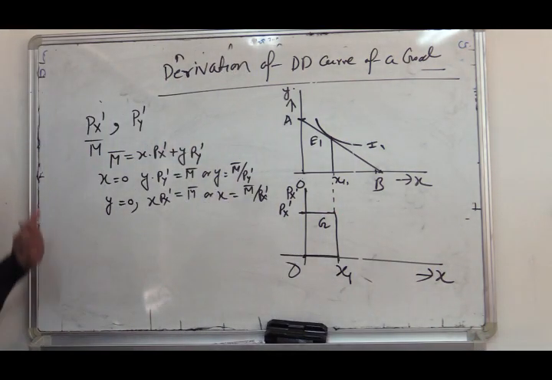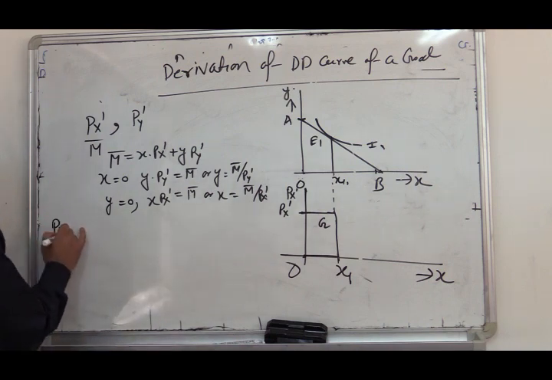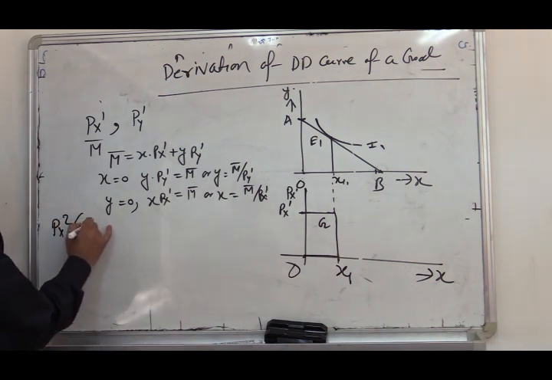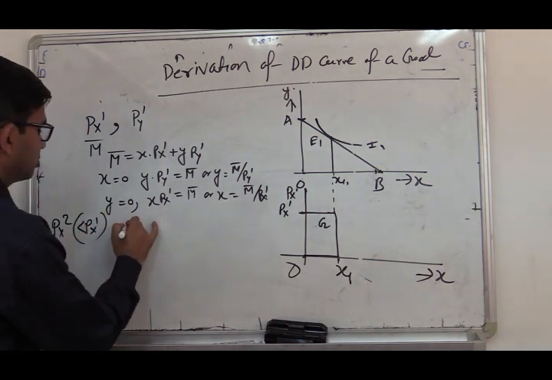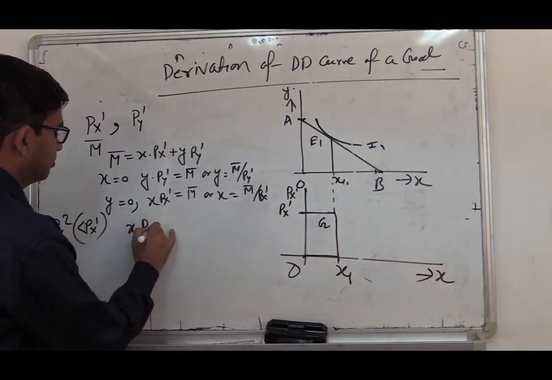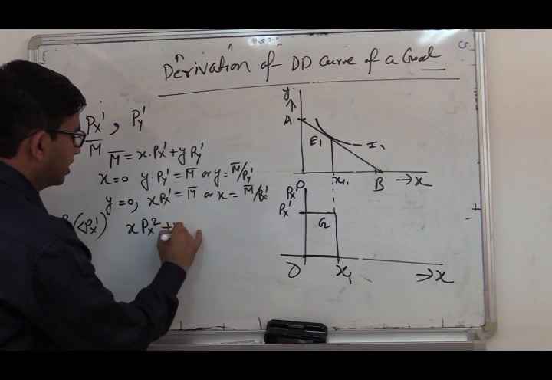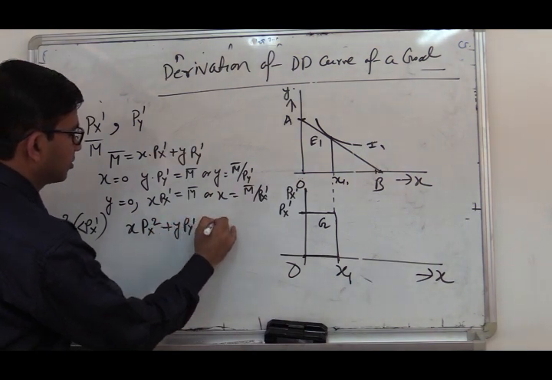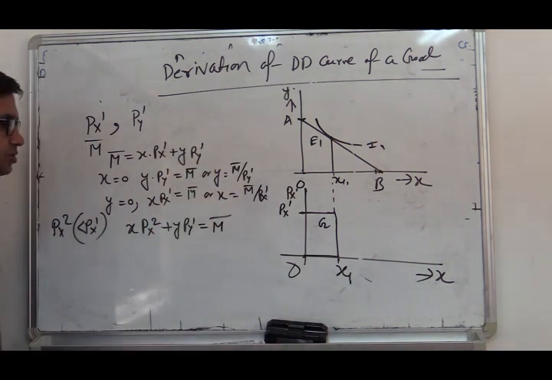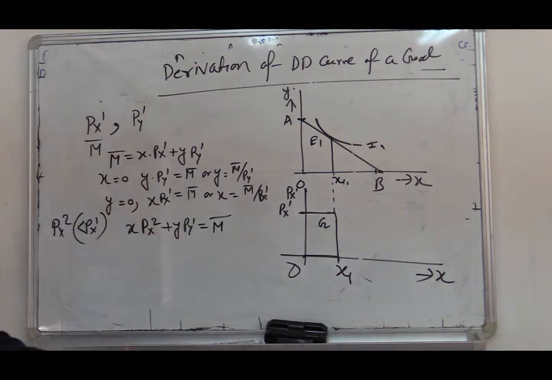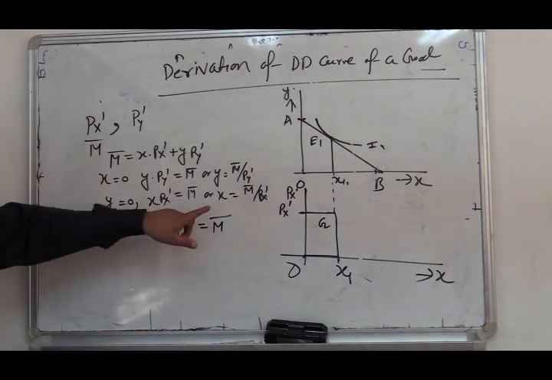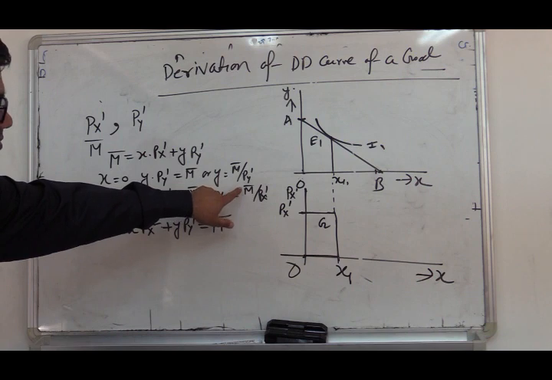Now let us consider that the price of X falls and now the price of X is Px2, which is less than Px1. So the new budget line will be X into Px2 plus Y into Py1 equals m bar. So there will be no change in the vertical intercept, because the vertical intercept is m bar by Py1.